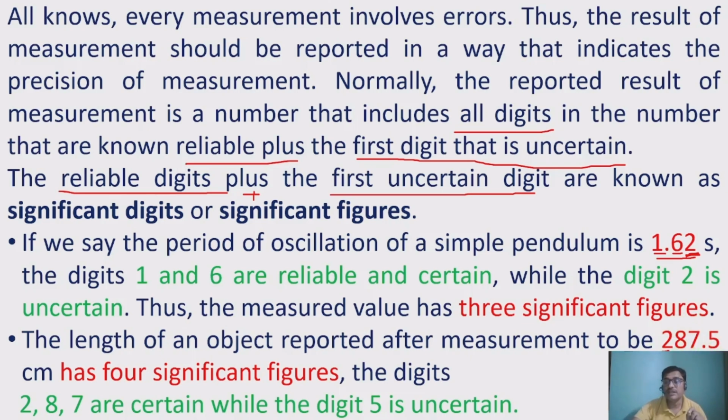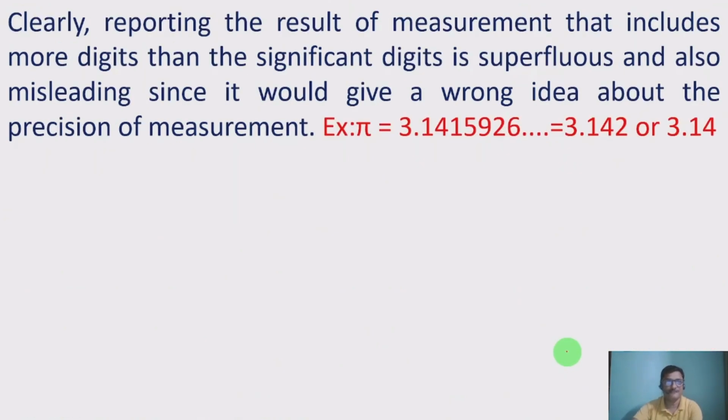All together we take them as significant figures, so it has four significant figures: the digits 287 are certain while digit 5 is uncertain. This is an example of how significant figures are taken, and based on this the observations are set.